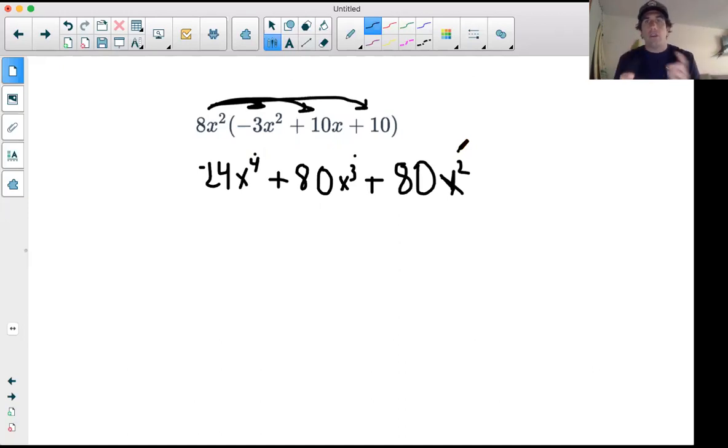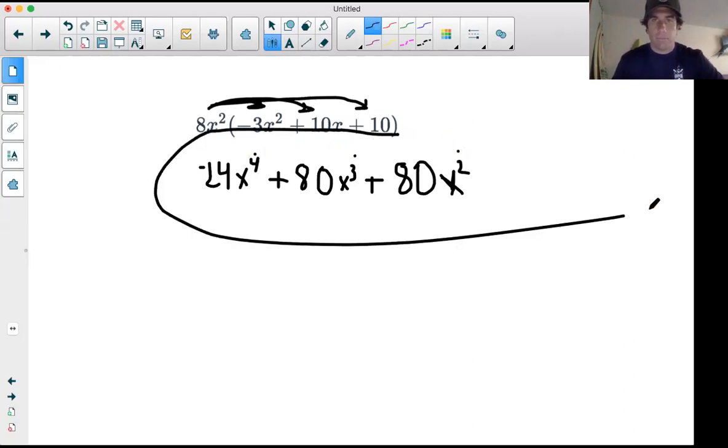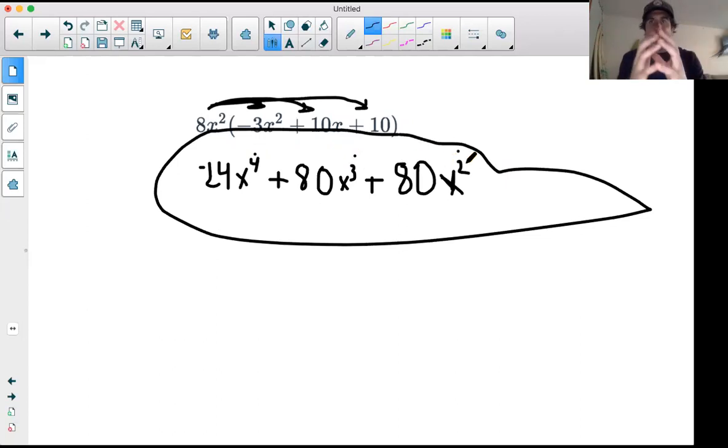Since they're all different numbered exponents, you cannot combine them. You leave them be, and that's your answer. This is your final answer. Okay? If this was a common exponent like squared and squared, then I can bring them together. But since they don't have a common exponent, I cannot bring them together. And that's how you distribute a monomial times a binomial, a monomial times a trinomial.